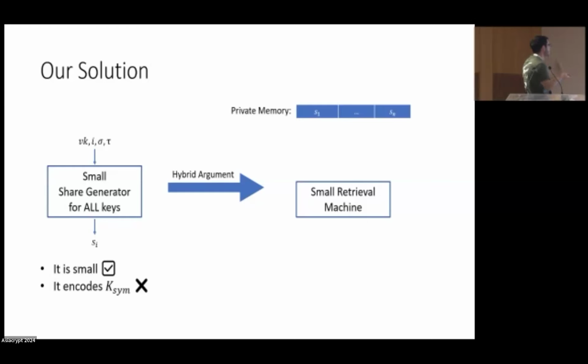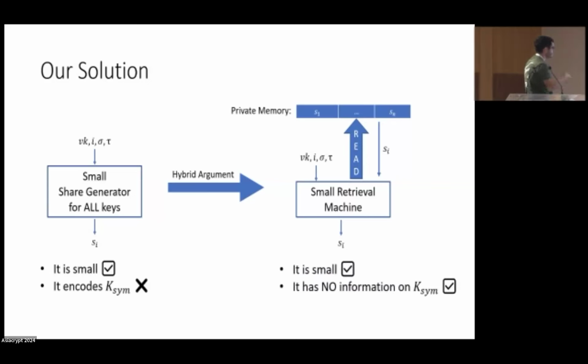Whenever the signature is okay and the SSB proof is okay, this machine will just send a read request to this memory and access this share for us, and output the share. So this machine is just performing a small computation that checks the signatures and then recovers this value from a memory. If we arrive at this kind of ideal world, then we have a machine that is small and has no information on the share.